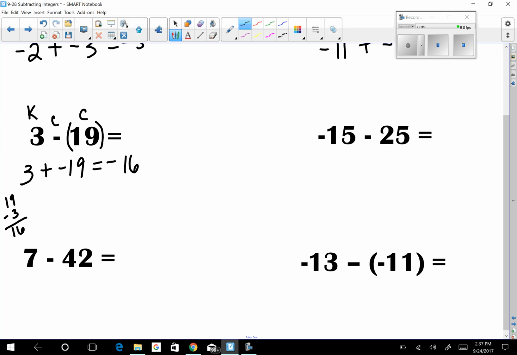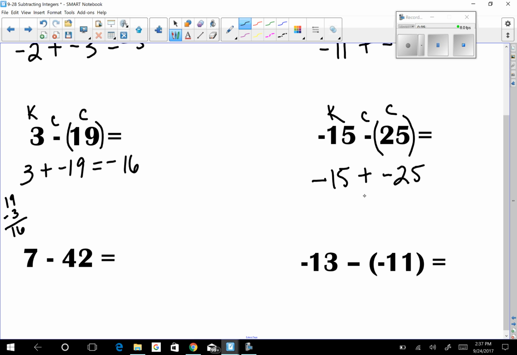Next example over here. Negative 15 minus positive 25. Again, you can put your parentheses there. Keep, change, change. Or think of adding the opposite. So negative 15, we're going to add the opposite of positive 25, which is negative 25.